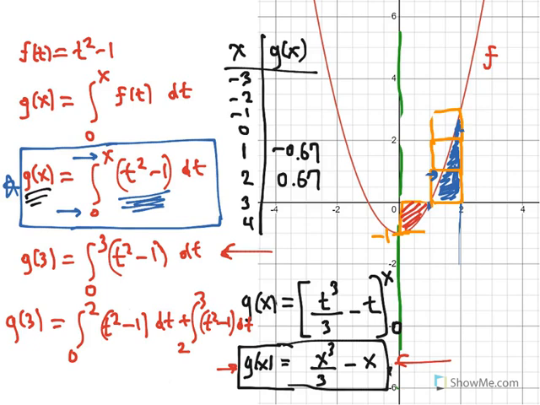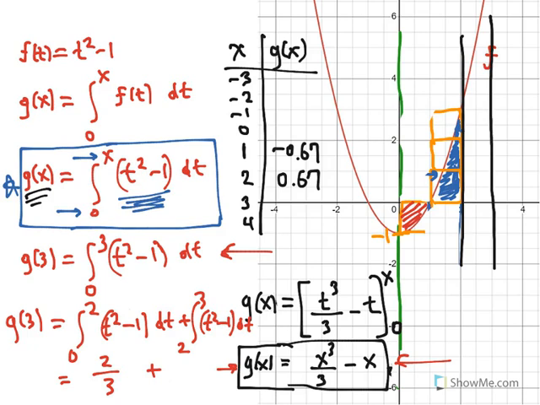at this graphically as well. So we already know the first definite integral here is 2/3, so we just need to find the value of the definite integral of t squared minus 1 with respect to t from t is equal to 2 to t is equal to 3. So we interpret that as the area between the graph of f and the t-axis between t is equal to 0 and t is equal to 3.